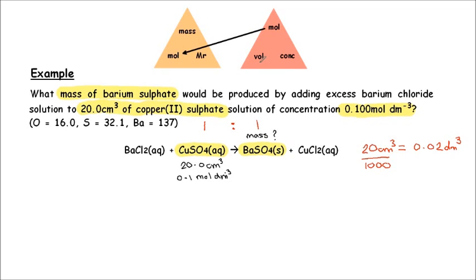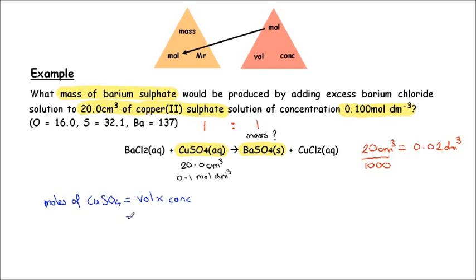So we're going to start off with our right-hand triangle here then, because we have got volume and we've got concentration. Remember the volume's over here. So the moles of copper sulfate, CuSO4, is going to equal the volume times the concentration.